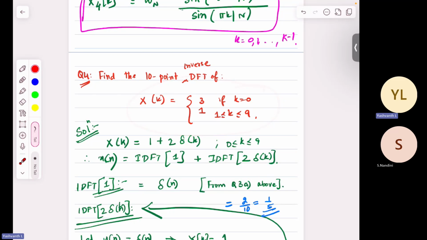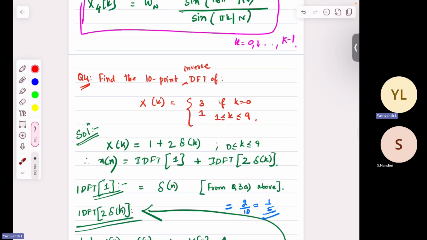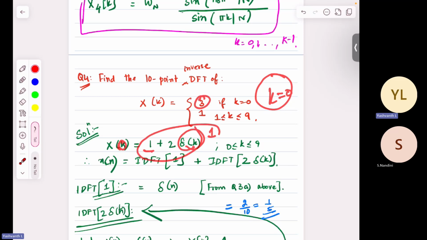So basically, first I will recognize that this has a very nice structure. Can I write x of k equal to 1 plus 2 into delta of k? That's because when k ranges from 0 to 9, when k equal to 0, delta of k will be equal to 1, so x of k will be 1 plus 2, which is equal to 3. However, when k equal to 1 to 9, delta of k will be equal to 0, so the 2 into delta of k will also be 0.